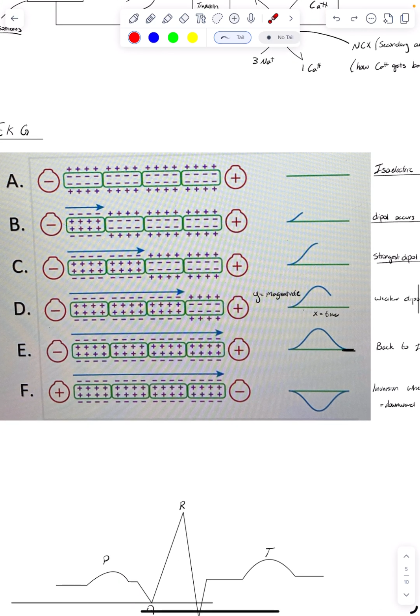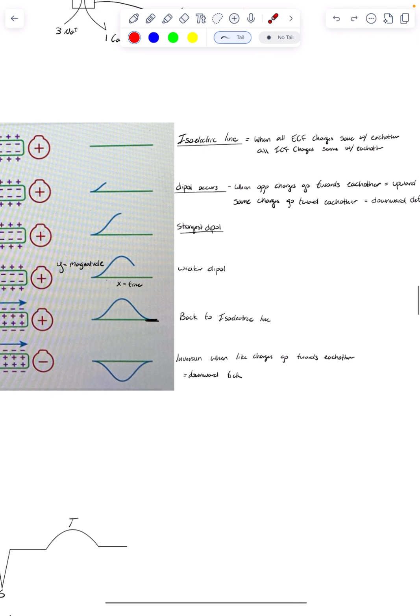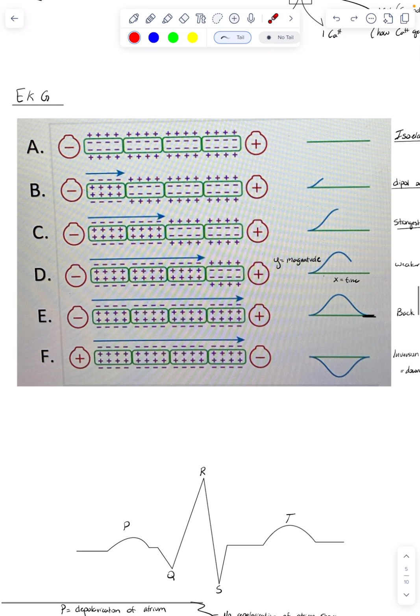And then this inversion of it is because we're taking a positive and changing it to a negative, right? We see that. It's going from a positive to a negative. So we have a negative tail towards a negative. What does that denote? A downward tick, a downward motion.